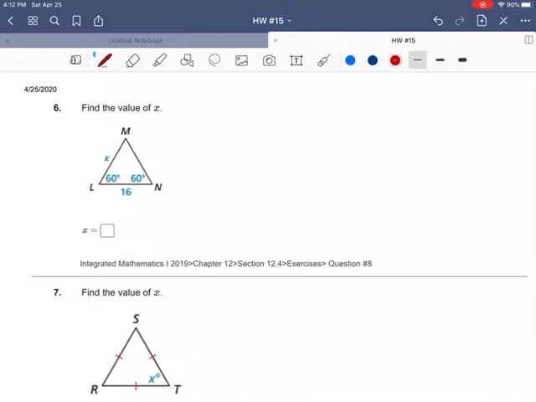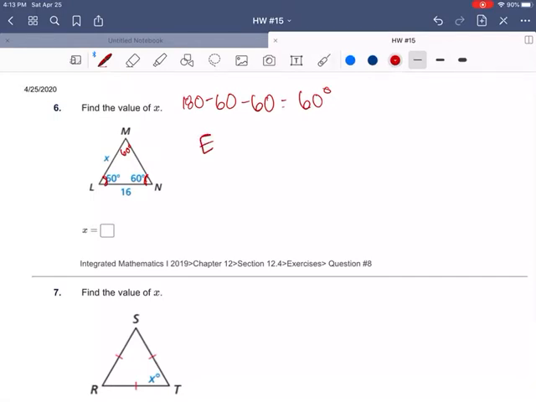Number 6, we are given this triangle here, and we are told that this angle is 60 degrees and this angle is 60 degrees. Anytime you have a triangle that has 2 angles 60 degrees, you know the third has to be 60 degrees because 180 minus the 60 we know, minus the 60 we know is 60 degrees.